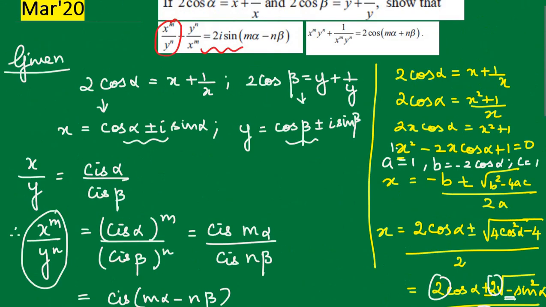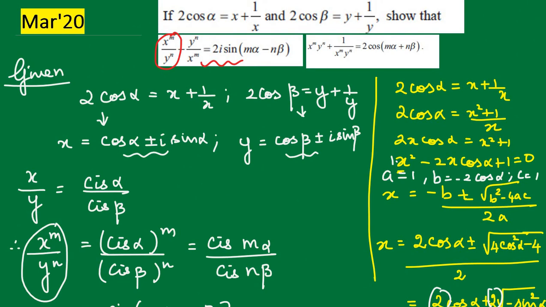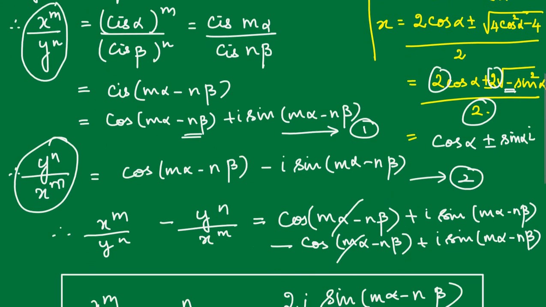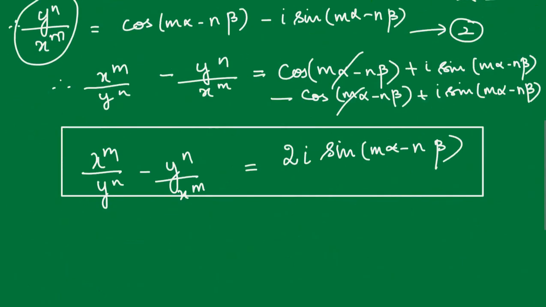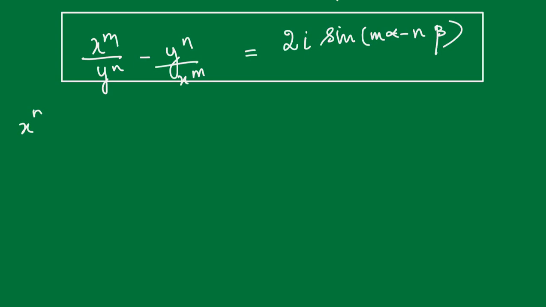Now the second equation is x^m y^n plus 1 by x^m y^n. So we have to find x^m y^n. We know what x and y are here. So x^m y^n is equal to (cis α)^m into (cis β)^n.